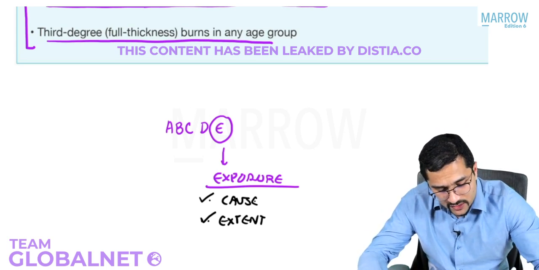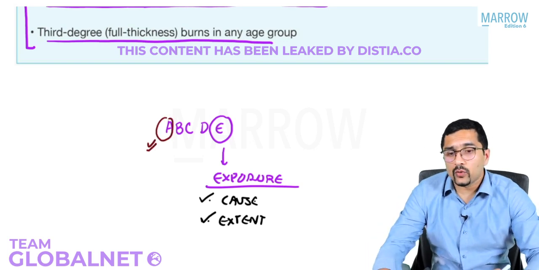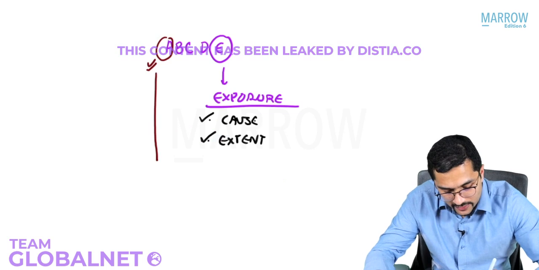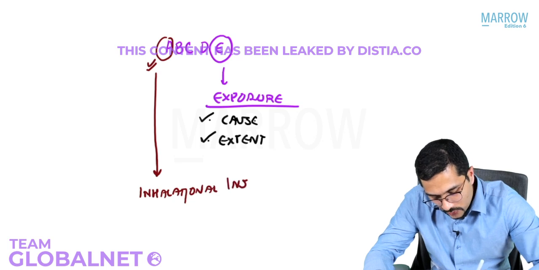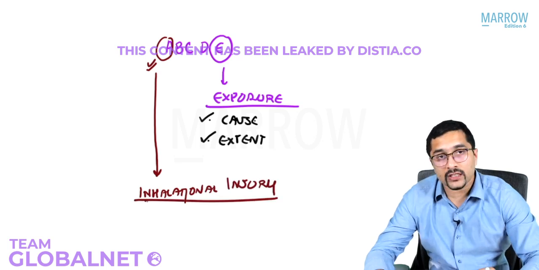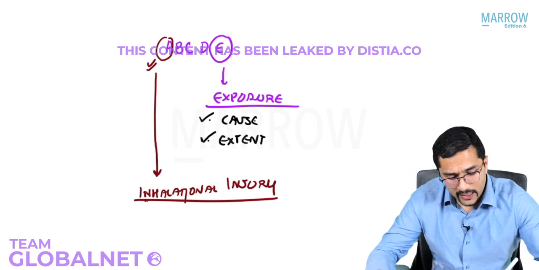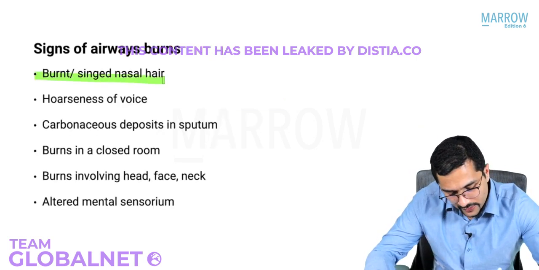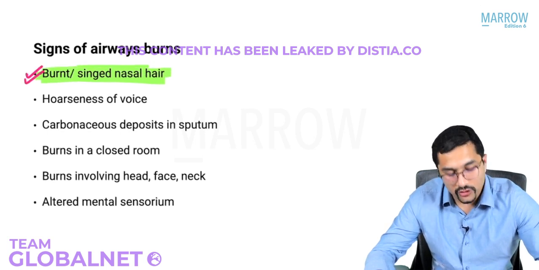So the first thing which is most important is airway, and we need to rule out inhalational injury, right? You should know the danger signs of inhalational injury or airway burns. These danger signs are burnt or singed nasal hair. This is the most sensitive sign and the one which you should really look out for.